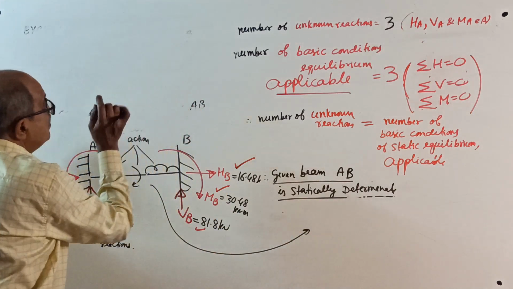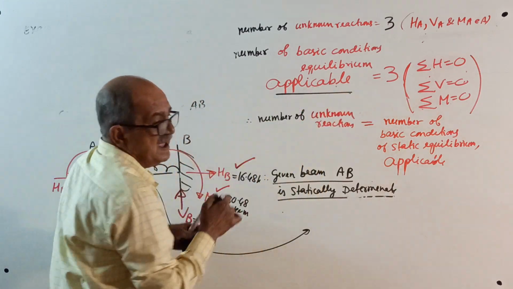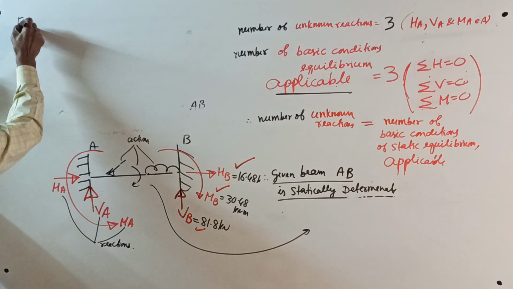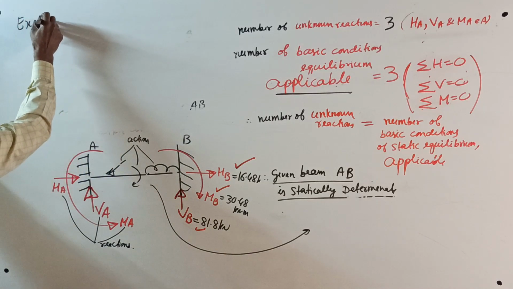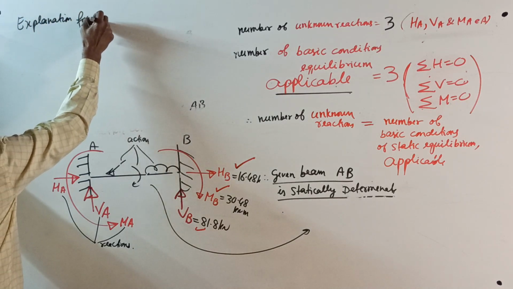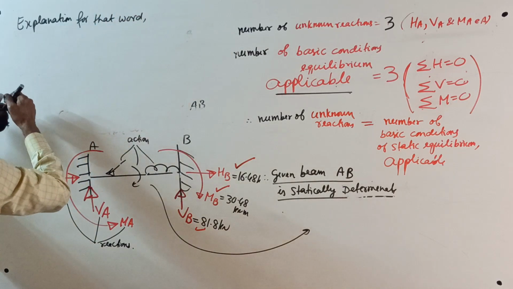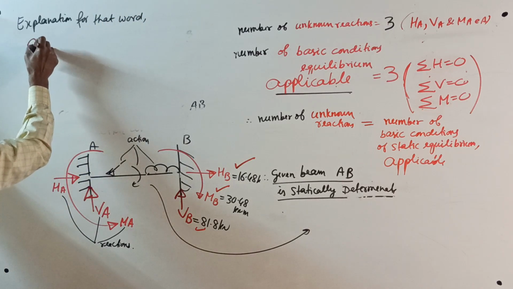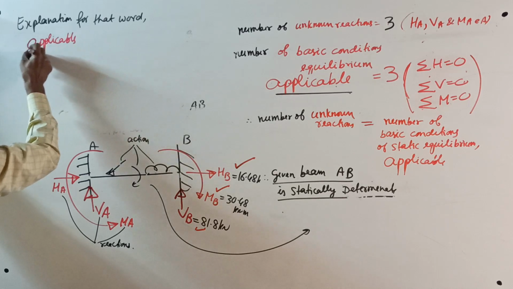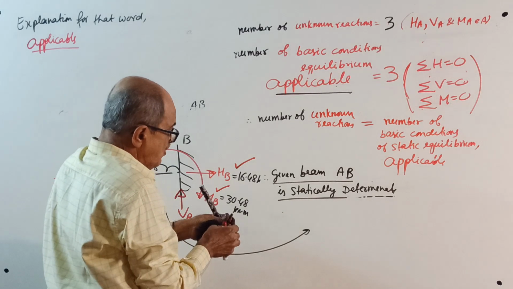Now, most important, I will tell what the term applicable means, which is very important. I require an explanation for that word, applicable. I wrote it everywhere, I always write it.